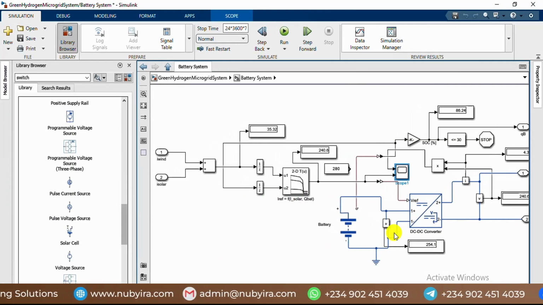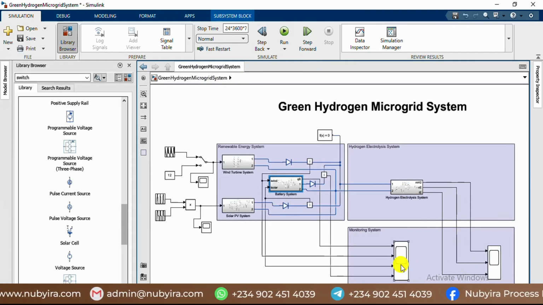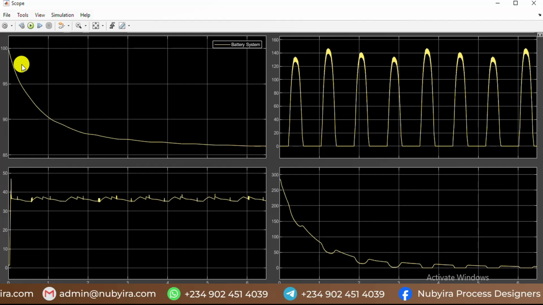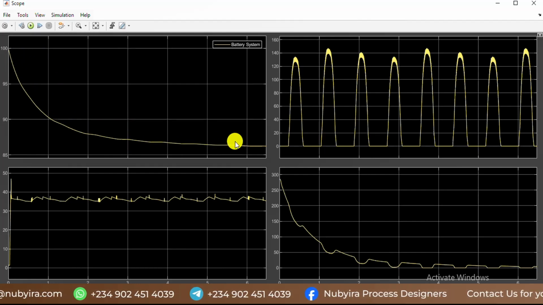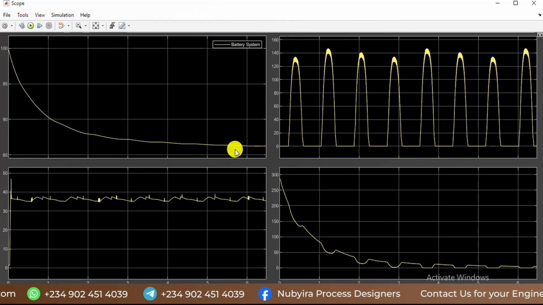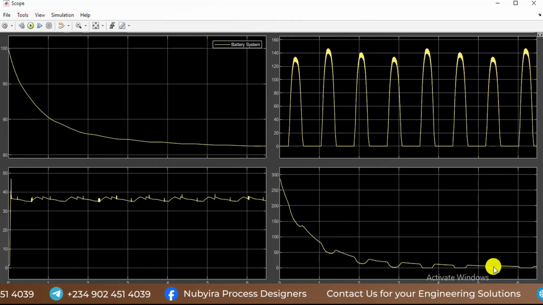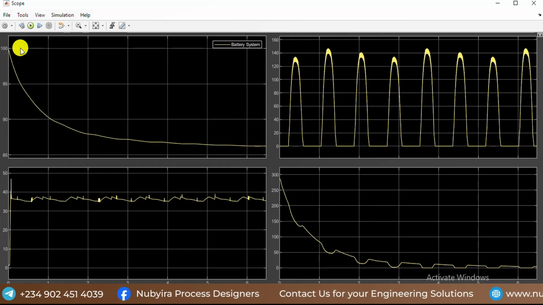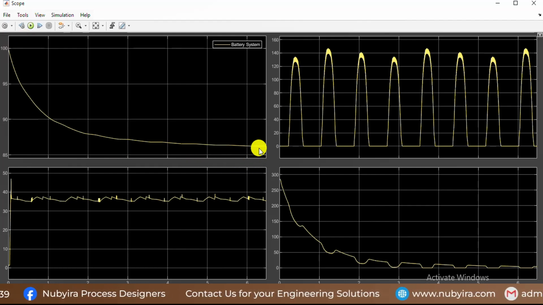You understand? So then for the overall system, if you check this place, you see the key current that is flowing. This is the current from the battery, solar, wind, the overall current. You understand? This is the battery percentage.